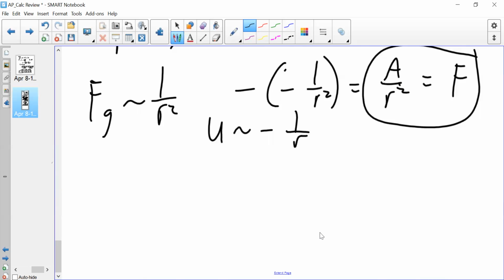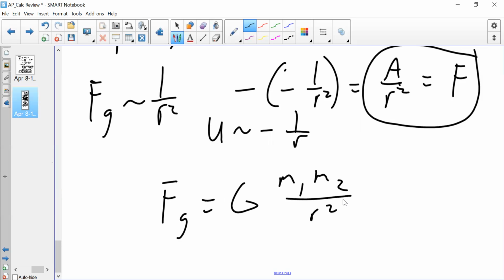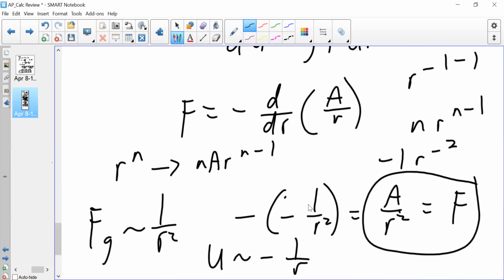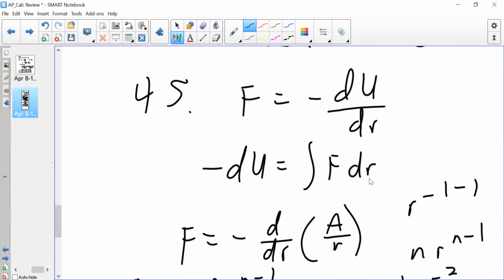And we see that in Newton's law of universal gravitation, the force is proportional to positive 1 over r squared, and the potential energy is negative G over r. And this here is the integral of the force, just like we've done in these problems tonight.